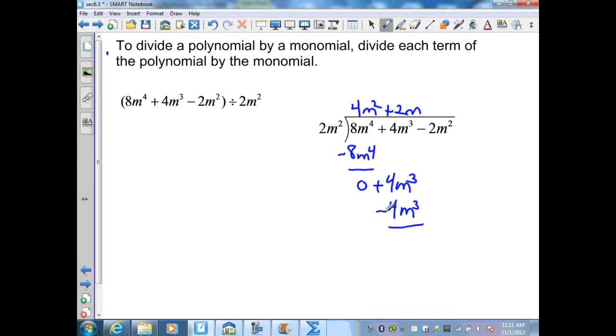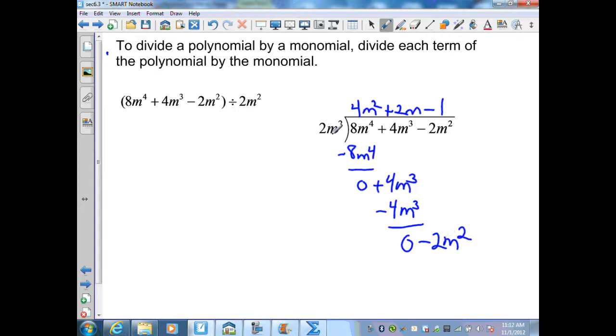And we change the sign. That turns this into a subtraction. That gives me 0. Bring down the last term. That's a negative, which is a minus, 2m squared. 2 times what gives me a negative 2? That would be a negative 1, therefore minus 1. m squared stays the same.